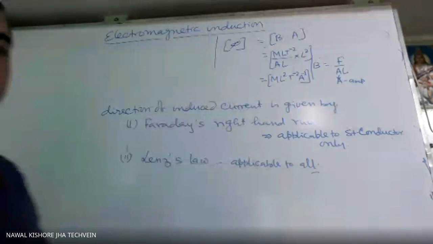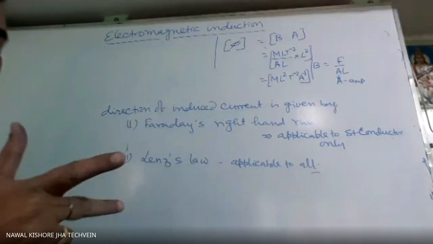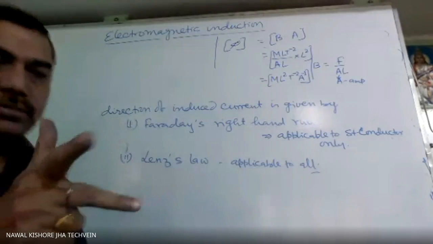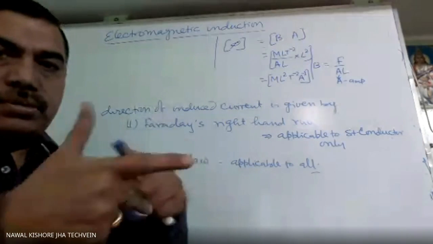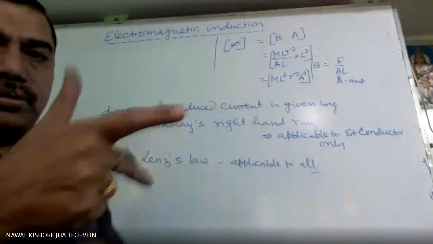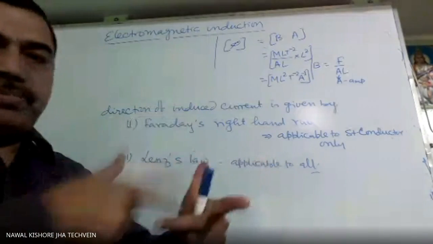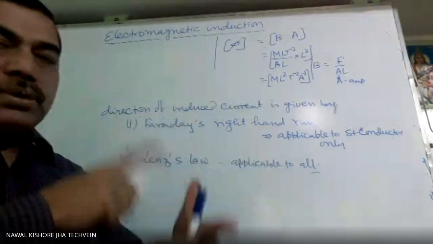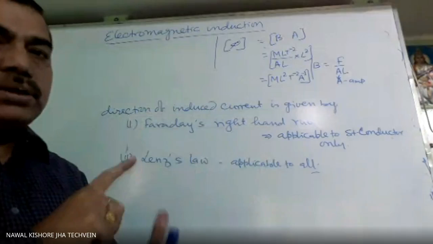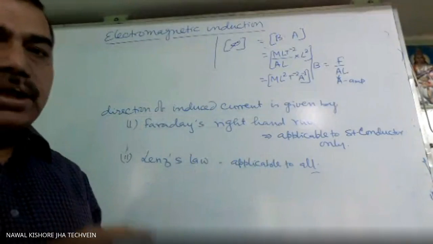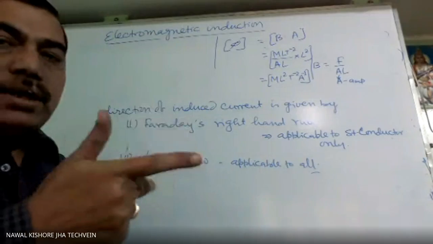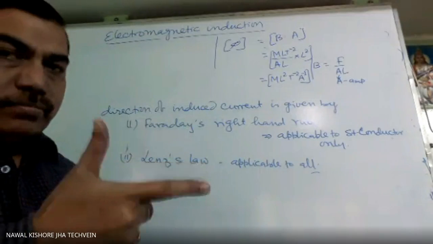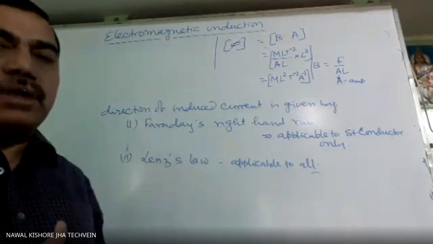The right hand rule says if we stretch three fingers perpendicular to each other, just the reverse of the left hand rule. The left hand rule gives the direction of force experienced by a current carrying conductor placed in a magnetic field, whereas this right hand rule gives the direction of induced current.